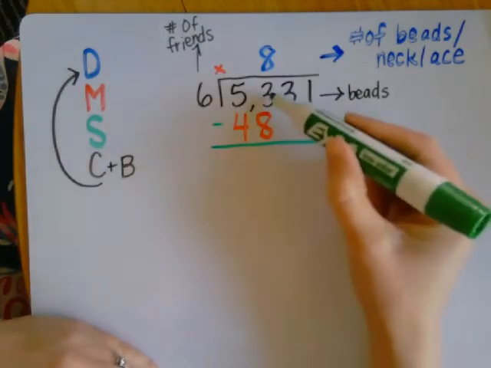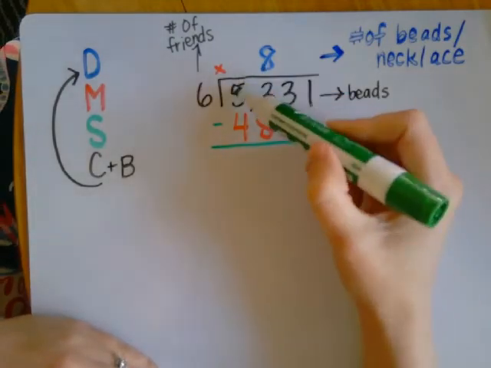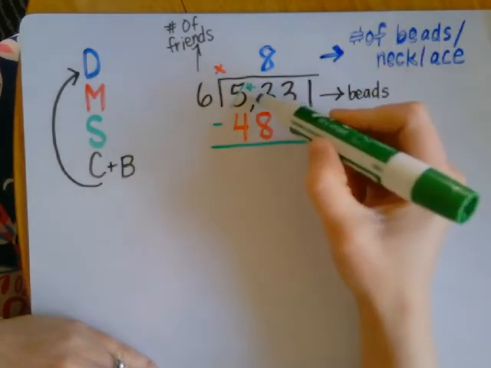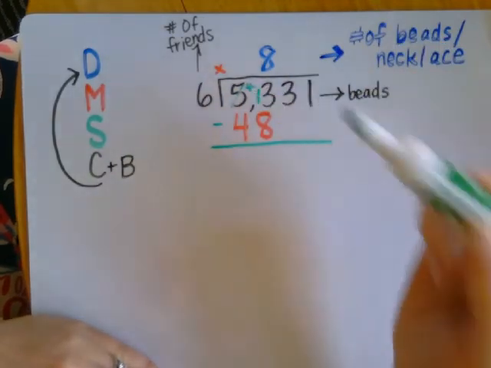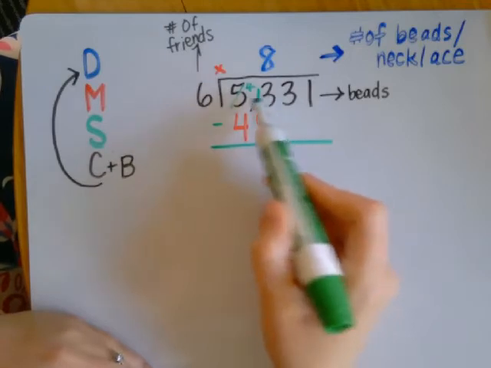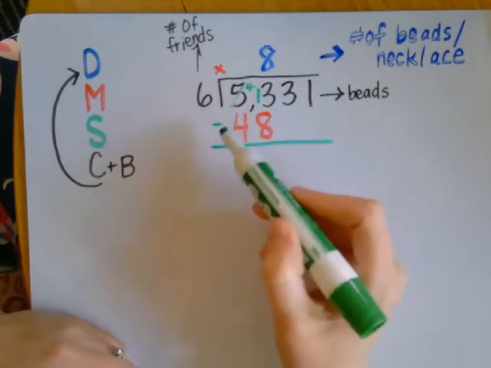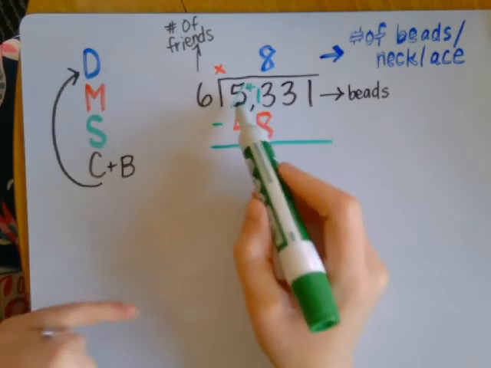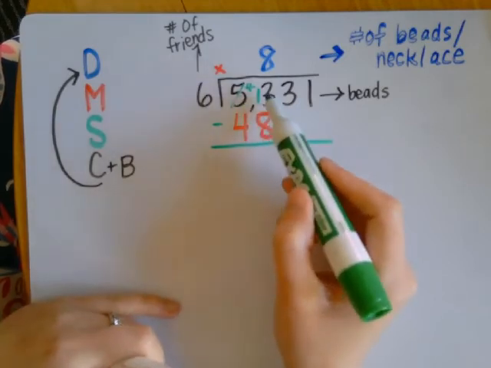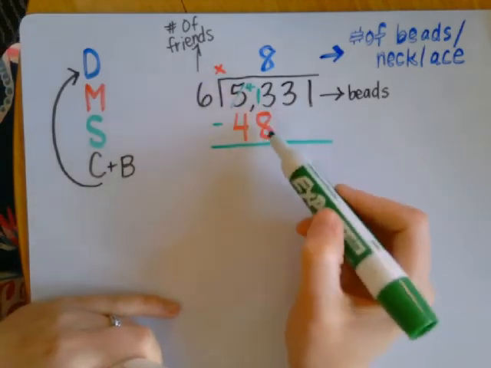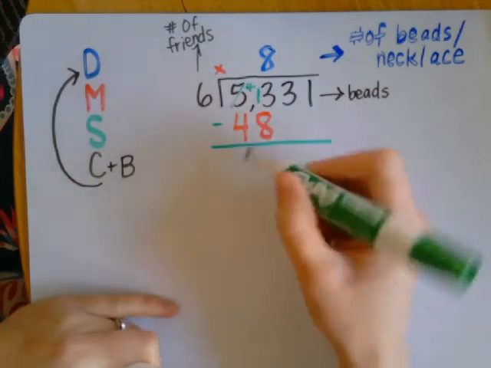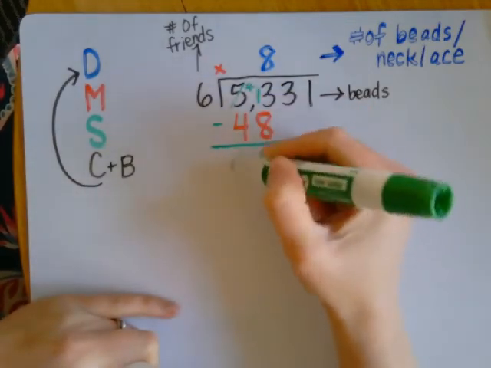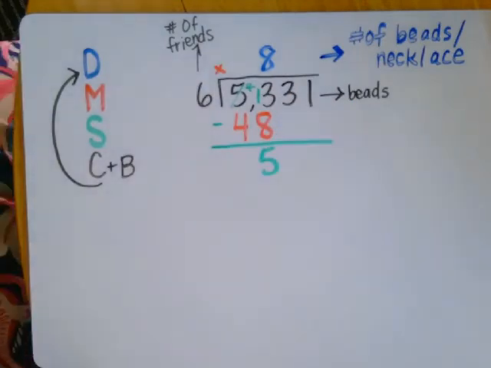I know I cannot subtract 3 minus 8, so I need to borrow from the tens place here and donate over here. Again, it's hard to do subtraction within this small area, but I just took from this tens place, the 50, and donated a 10 to the ones place. So this is now 13 minus 8, and I know that's 5. And then 4 minus 4 is 0. We don't have to write the 0.